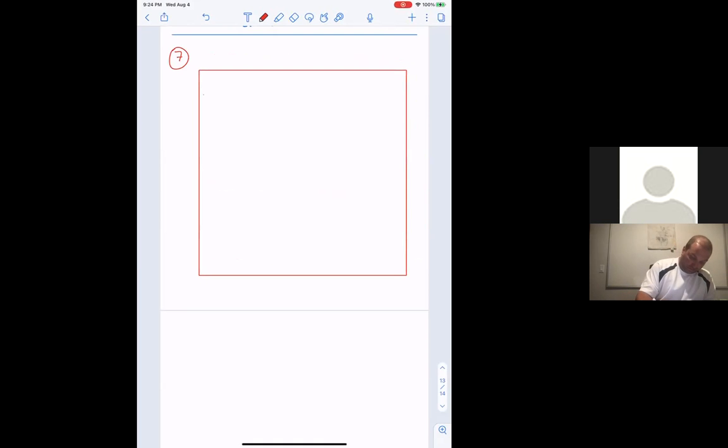A through H. A, B, C, D, E, F, G, and H. A, B, C, D, E, F, G, and H. But most are not connected.